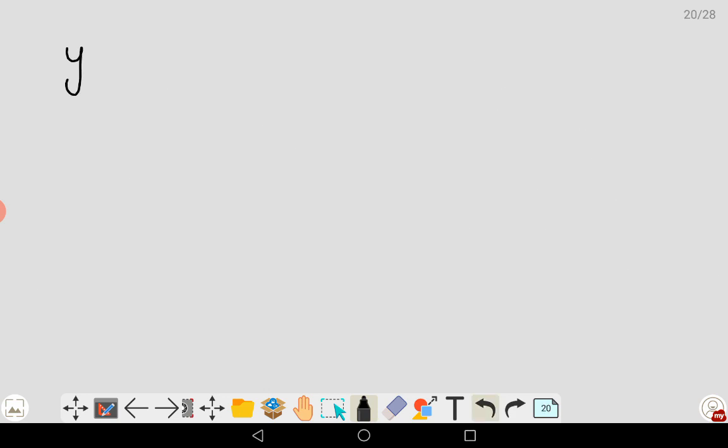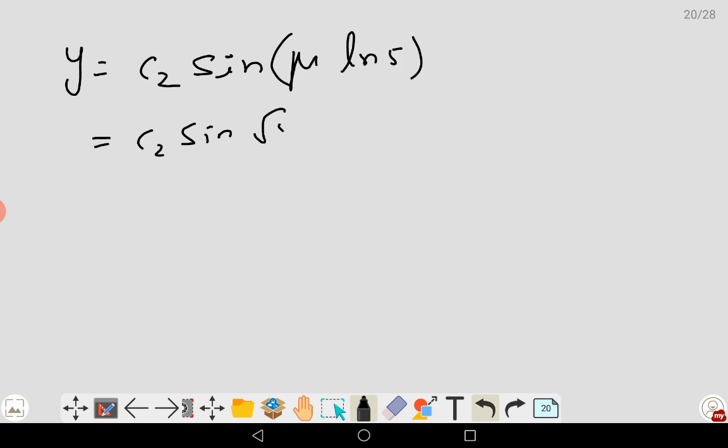Here we got C1 is 0 but not C2, isn't it? So what is the final answer? Y is equal to, the first part is 0, the second part is C2 sin mu ln x, isn't it? Mu is root of lambda.